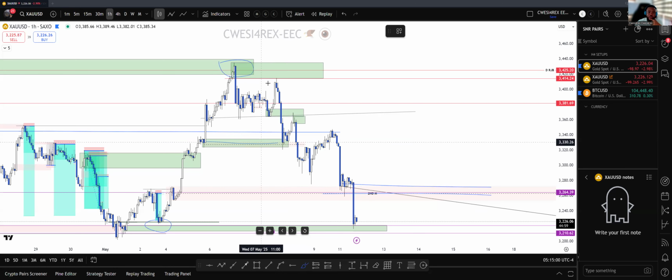So price was tapping into this buy zone. A lot of people were still anticipating this bullish continuation over here, not knowing that price was tapping towards a daily resistance. Then we had a new storyline. Currently we are in a bearish daily storyline.